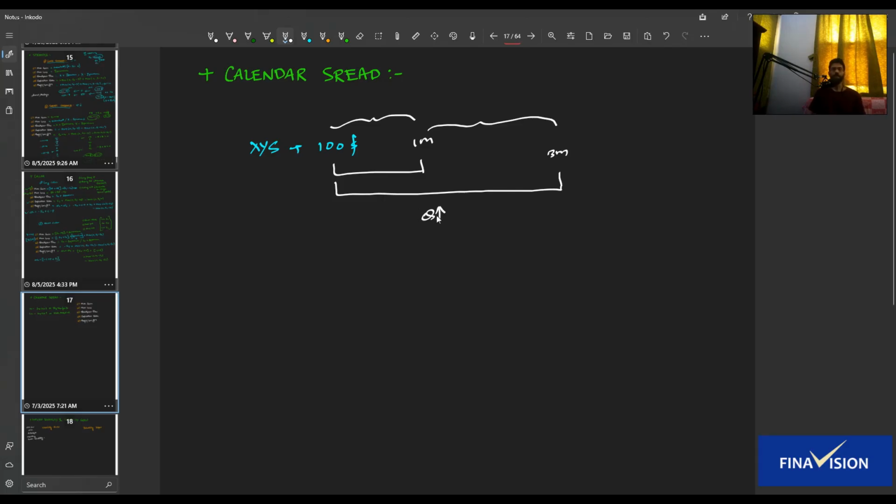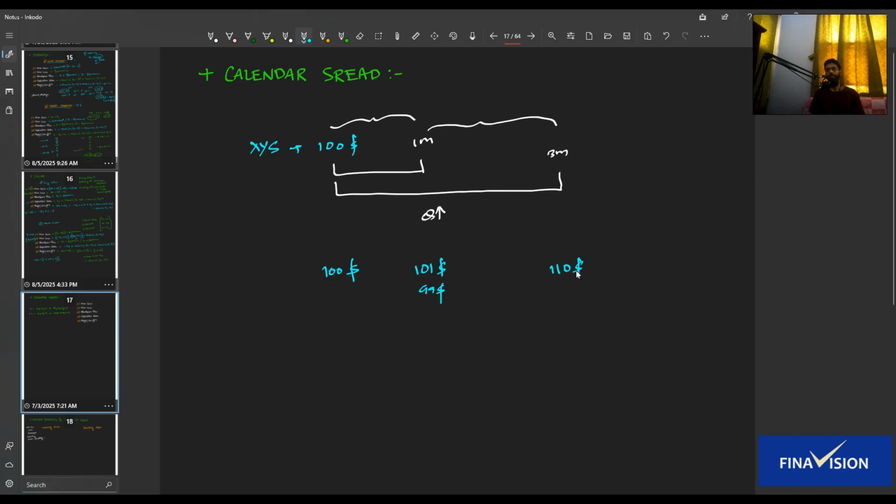Now, in this kind of scenario, the investor can get into a calendar spread to take advantage of this situation. So let's say the investor is projecting that right now the price is $100. Maybe in 1 month it will be somewhere around $101 or $99. It can be either. And at the end of 3 months, the price can be, let's say, $115 or $110, right?